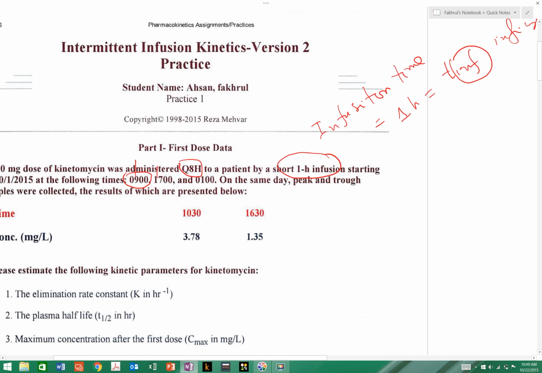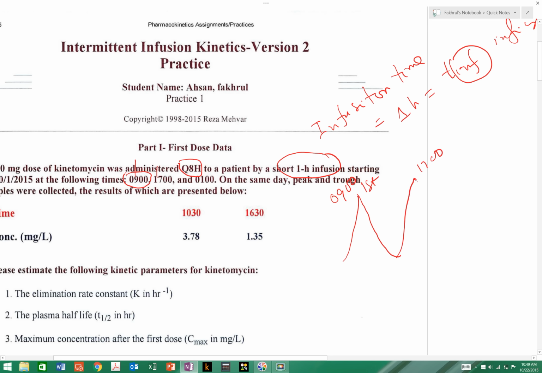So first thing, you draw a diagram like this. This is your first dose, which is your 0900 hour, second dose, which is 1700, and then your third dose.